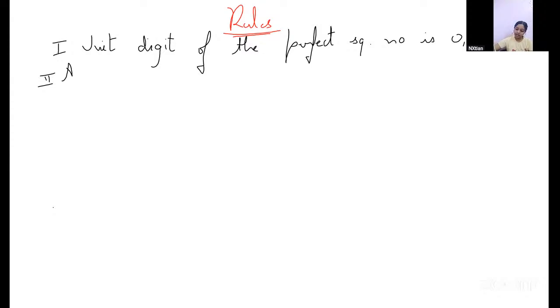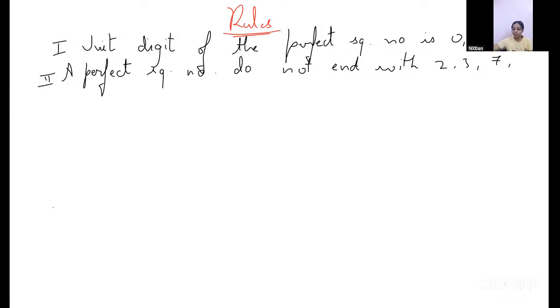A perfect square number does not end with 2, 3, 7, 8.